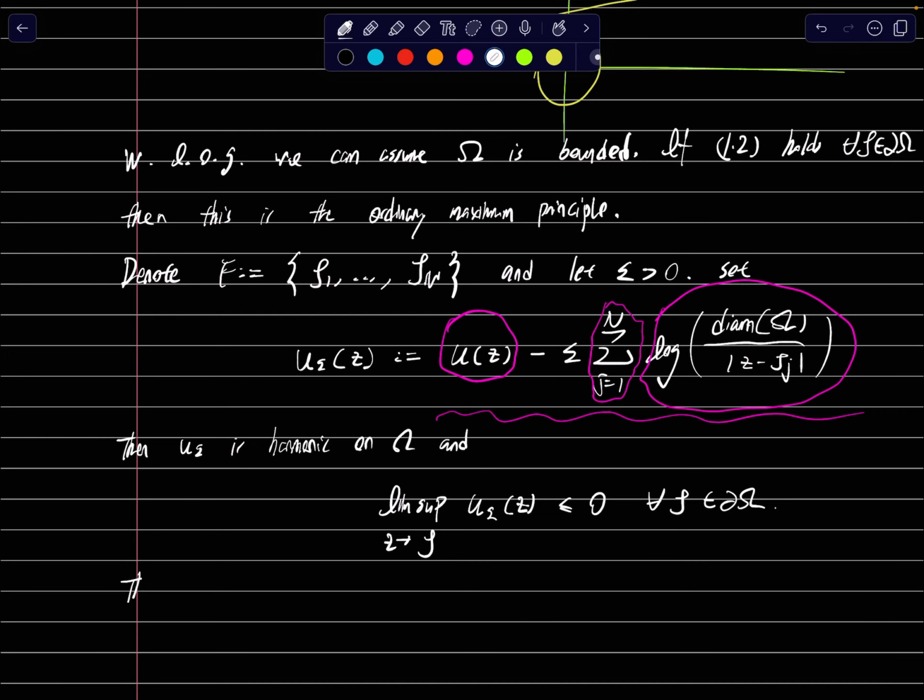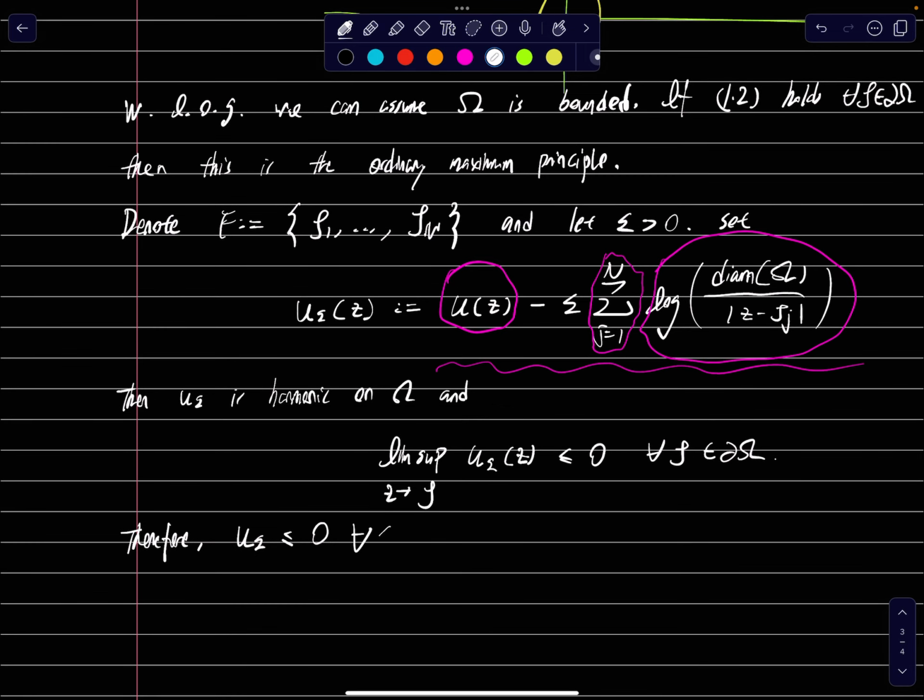So therefore, u epsilon is smaller or equal to 0 for all epsilon greater than 0. So finally, since epsilon is chosen arbitrarily, we can let epsilon go down to 0.